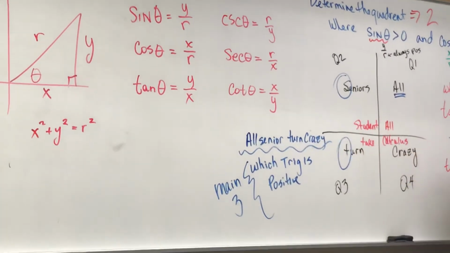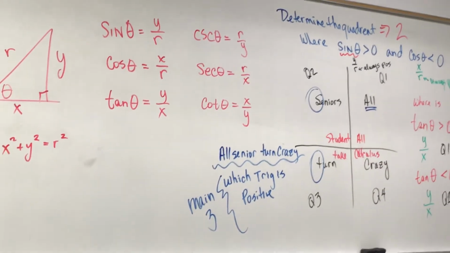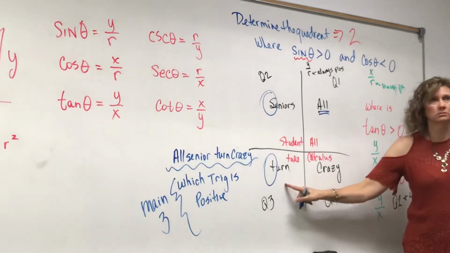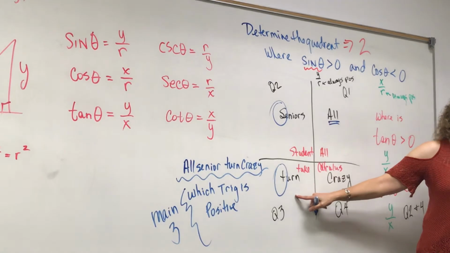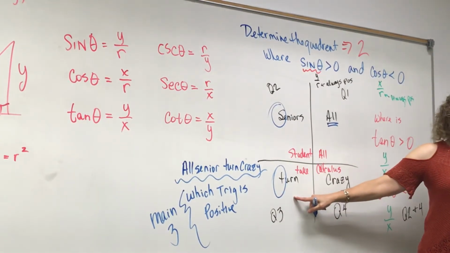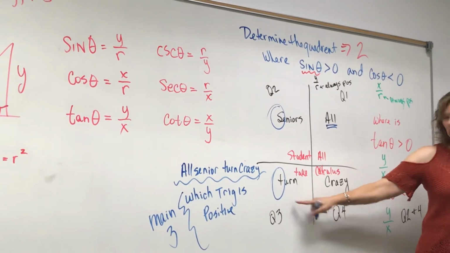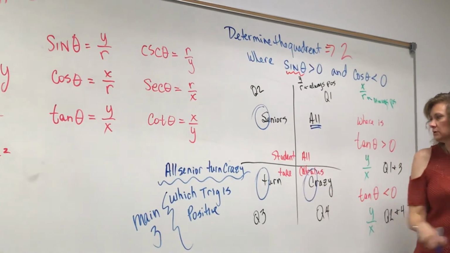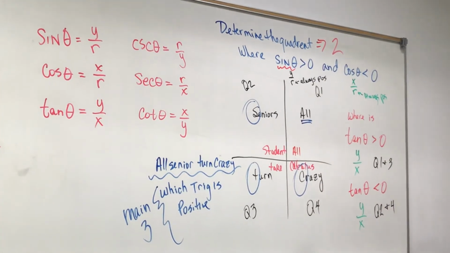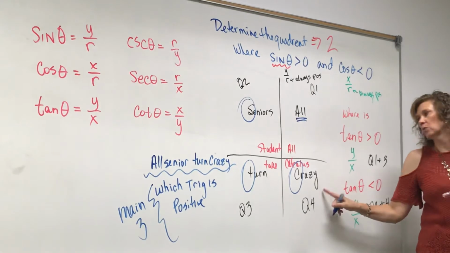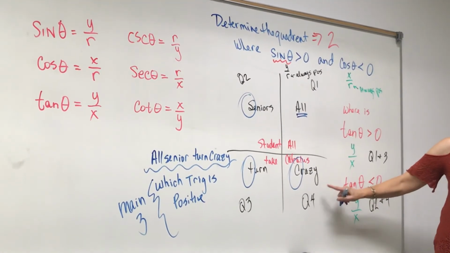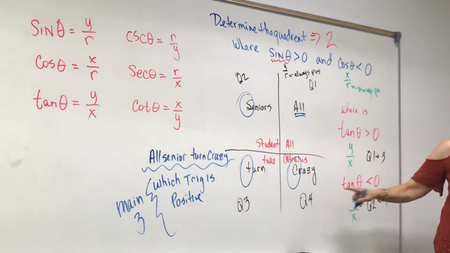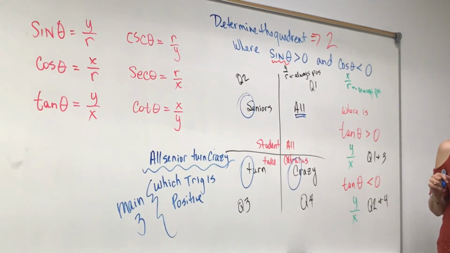T. Of the main 3, tangent is the only one that's positive in the third, and thus also, what is positive in the third besides tangent? Cotangent. And crazy, C. Cosine is the only positive one in the 4th quadrant from the main 3, sine, cosine, tangent. So then secant is also positive in the 4th quadrant.